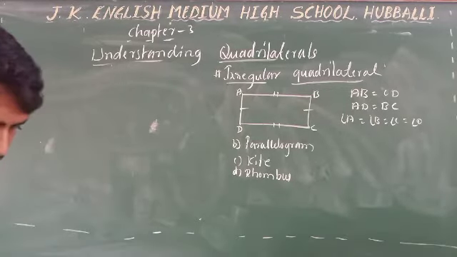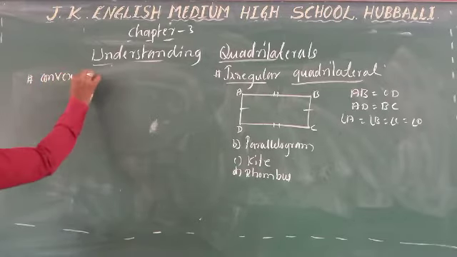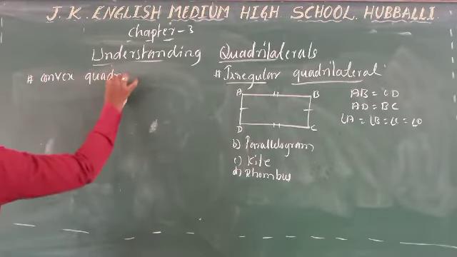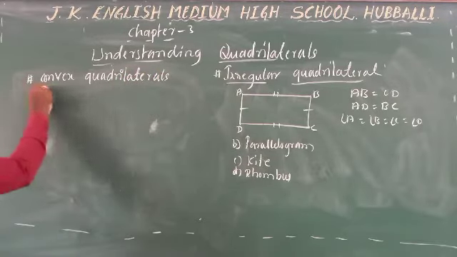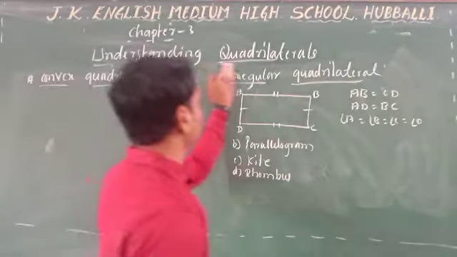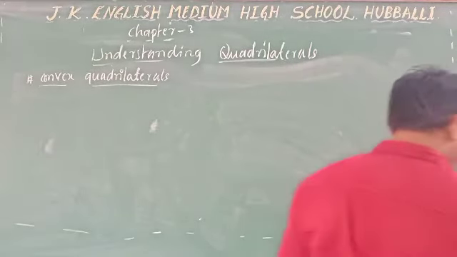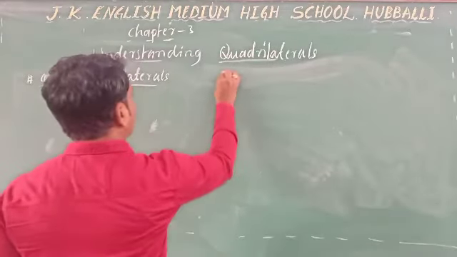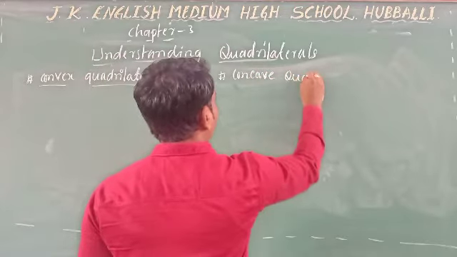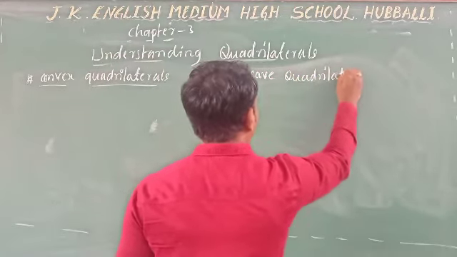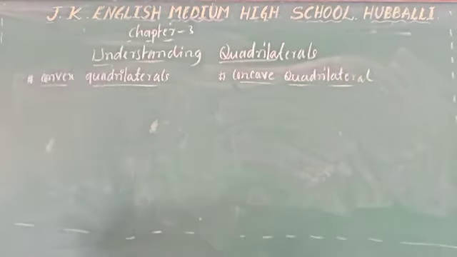So next heading is convex quadrilateral, and here concave quadrilateral. So what is meant by this convex and concave quadrilateral?